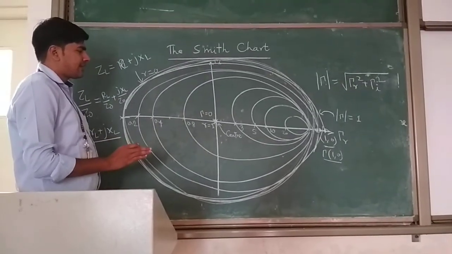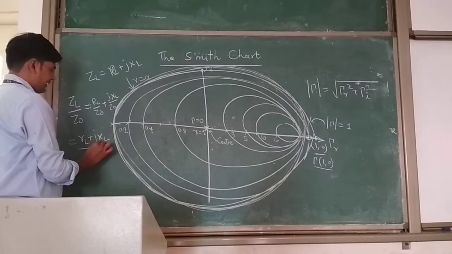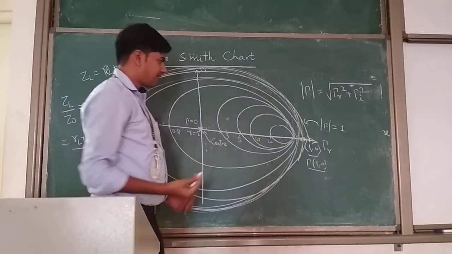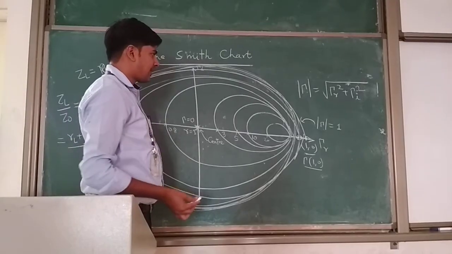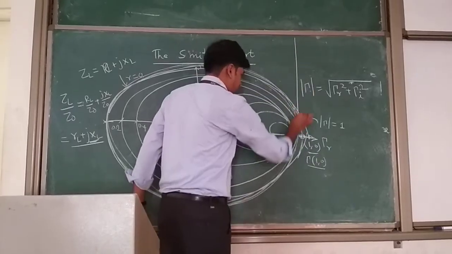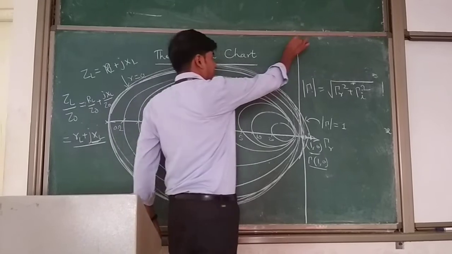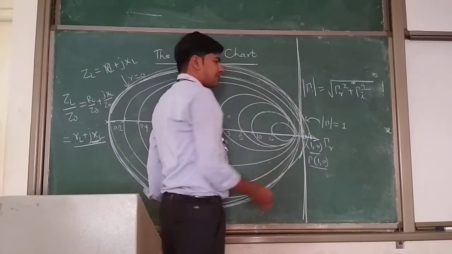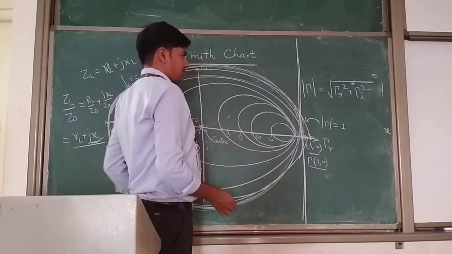Now similarly, we have the reactive part. The reactive part is jx. So we can say the reactive part is x in general representation. That reactive part should be within this Smith chart, but those circles are centered on this line. So we'll consider only the part of the circle which is inside this Smith chart.